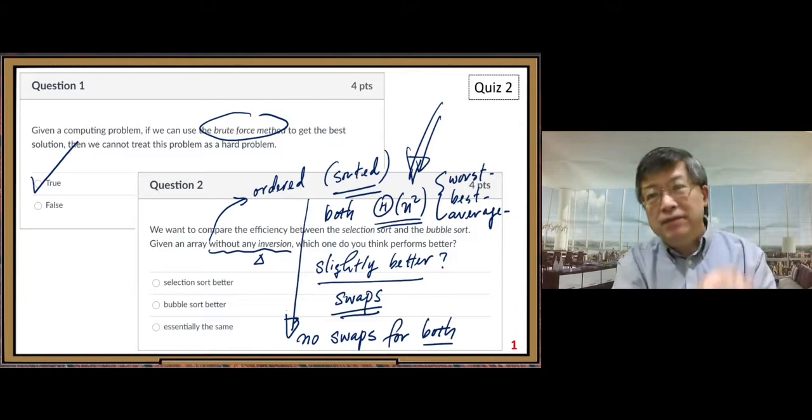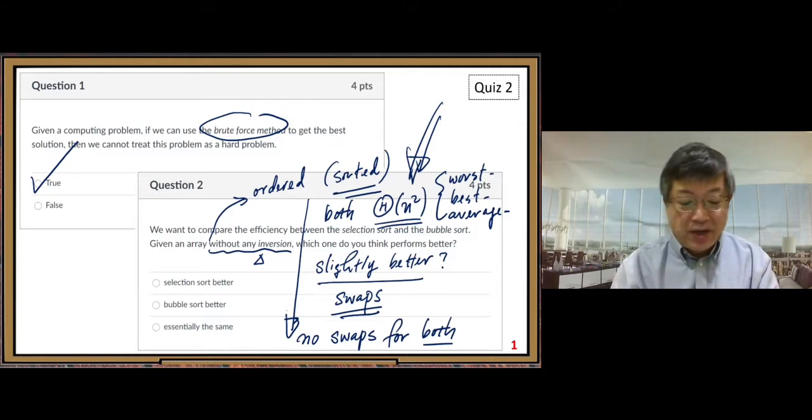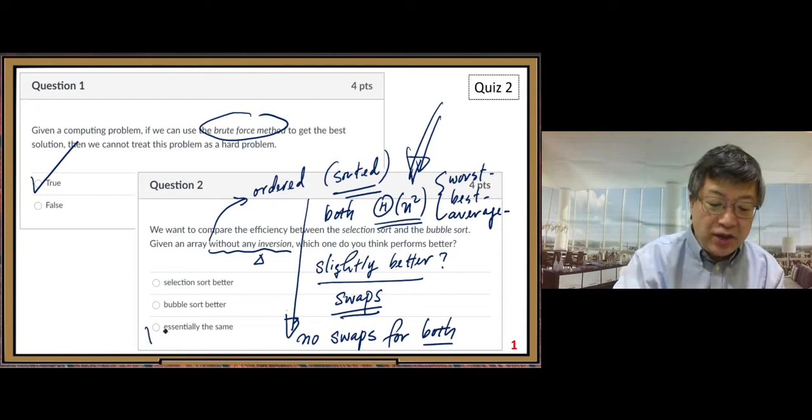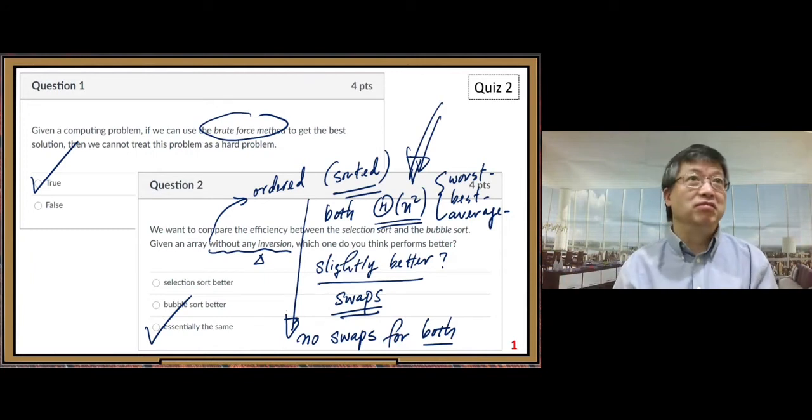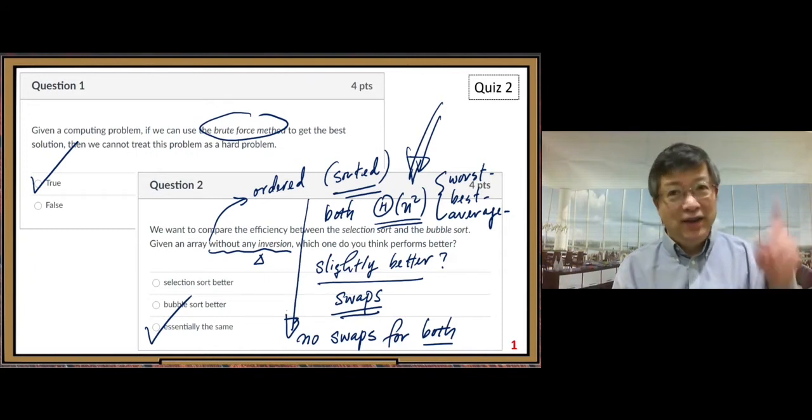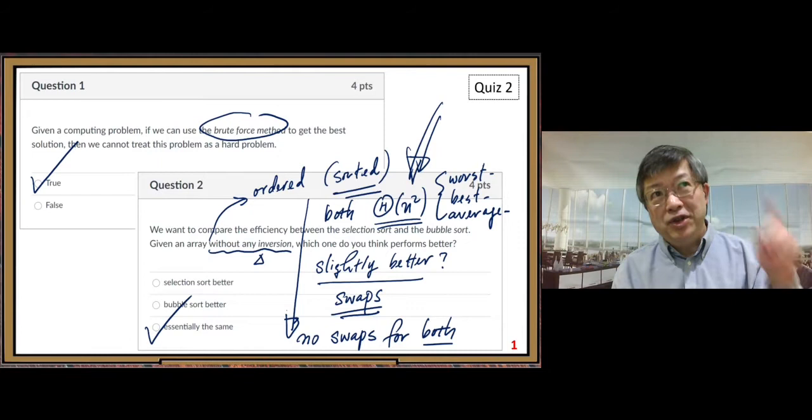So based on that observation, we can say these two are essentially the same. No swap for both. Essentially the same. All right? Hope you understand this part.